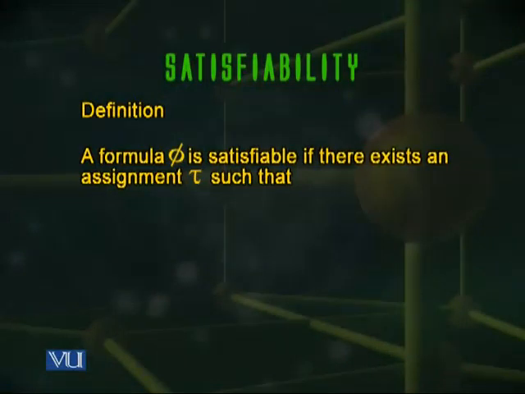A formula phi is called satisfiable if there is at least one assignment tau such that when we plug in the variables according to the assignment tau, the formula evaluates to 1. So at least one assignment makes the formula true. That's when we call the formula satisfiable, or we say at least one assignment satisfies the formula.